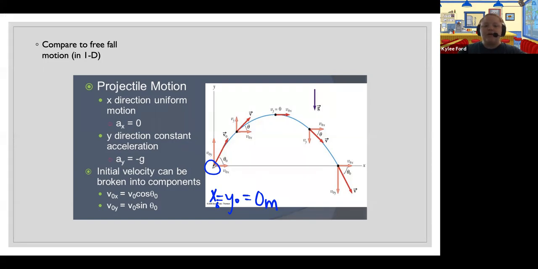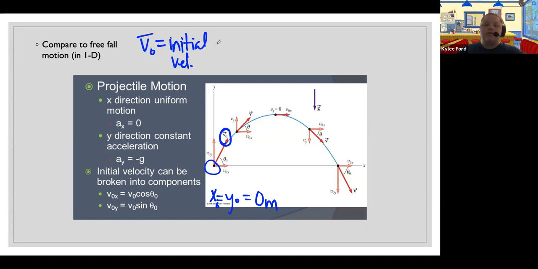So again, we are kicking this ball with some initial velocity, and that's what it says there, that v naught. That's our initial velocity. And we can break this down into x and y components.